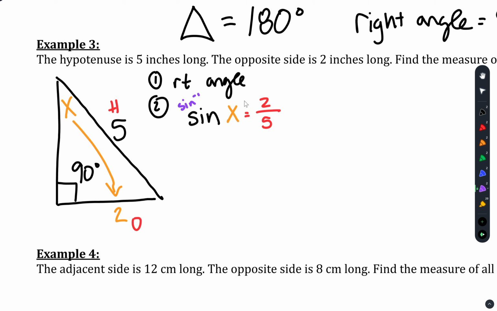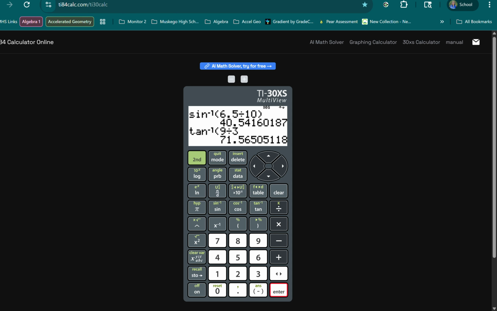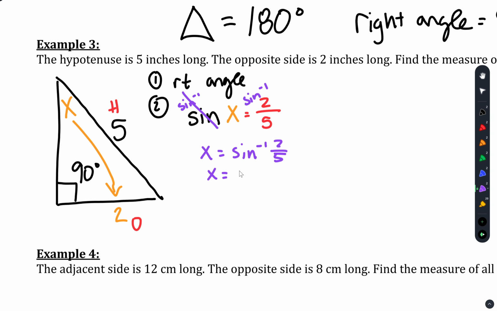I'm going to write it like this, which leaves me with x equals sine inverse of 2/5, which if I put that into my calculator, second sine, 2 divided by 5, 23.6 is what I got here. Okay, I'm going to put that right here, 23.6 degrees.